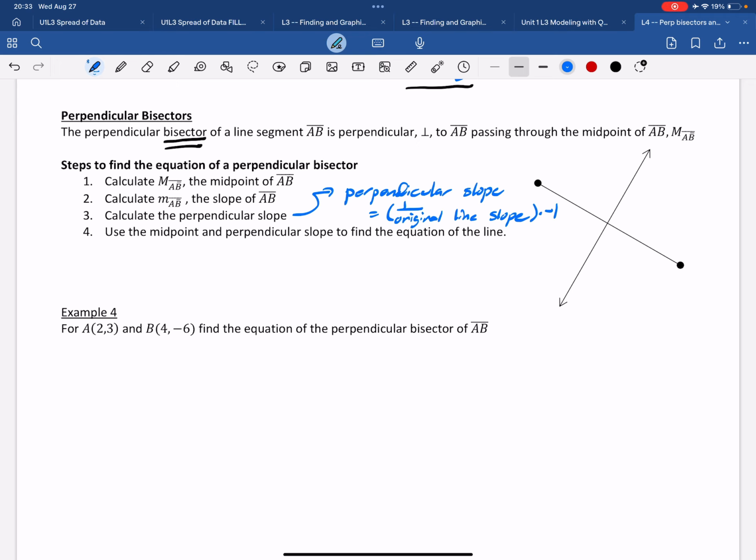Rather, if we don't want to put that times -1, another way we could do it is just put a negative in front of the whole thing to start. So I'm going to say this is equal to -1 over the original line slope.